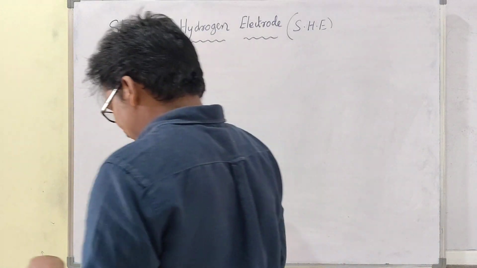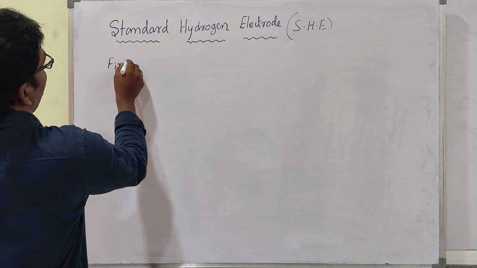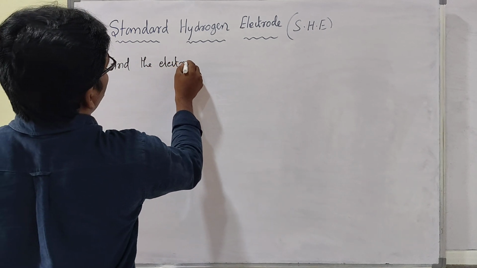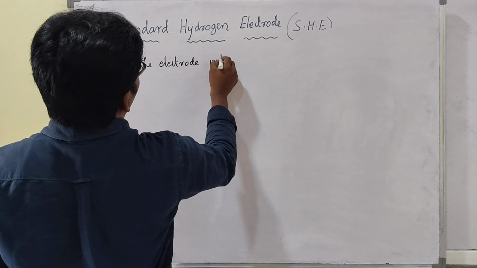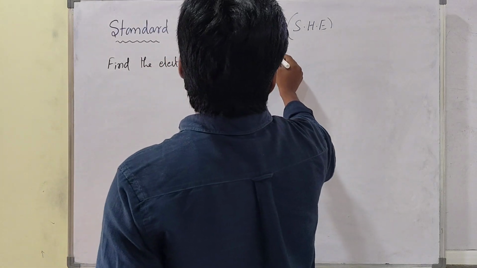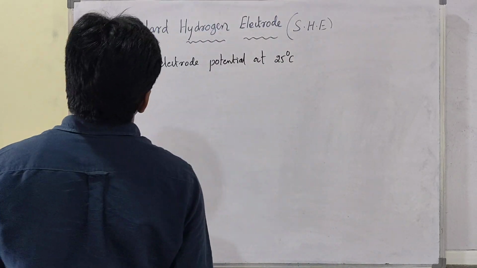Find the electrode potential at 25 degrees Celsius.